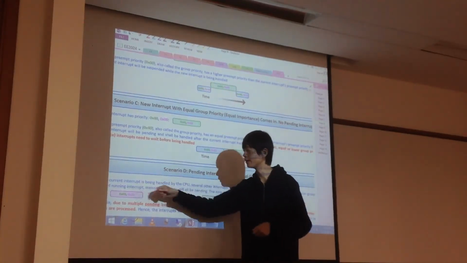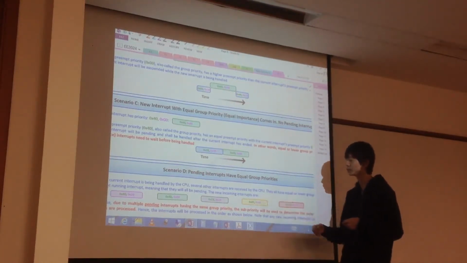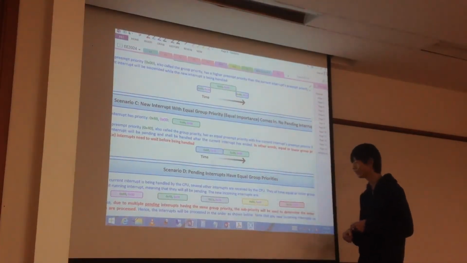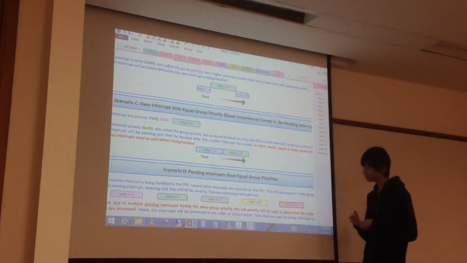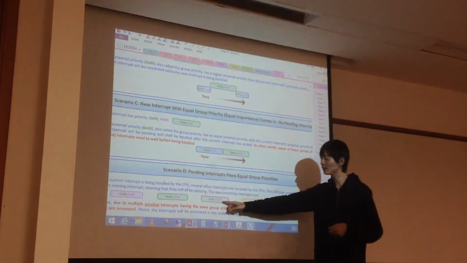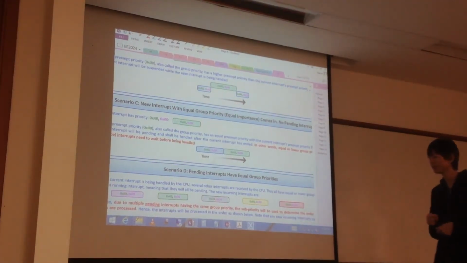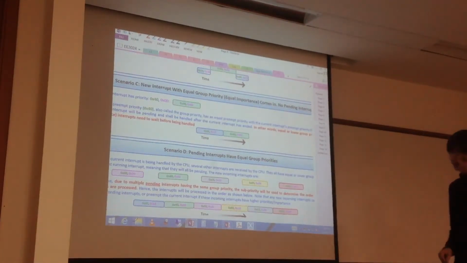Then comes this one. Next, we look at 0x80. There's only one possibility. Next, we look at 0xC0. So two possibilities. Which one comes first? This one has a lower value. So this comes first, followed by this one. So ultimately, this is what you get.